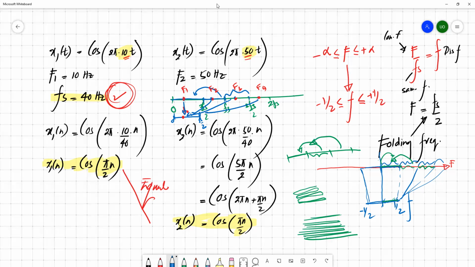So it means like this is your capital F. This is your F max, and you select Fs here. So this is at least 2 F max.